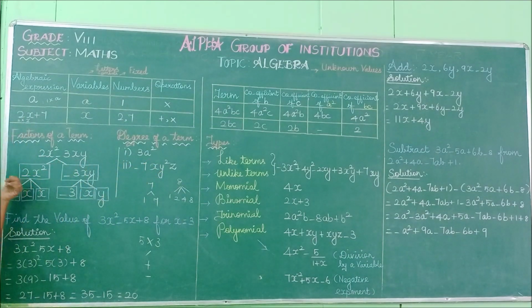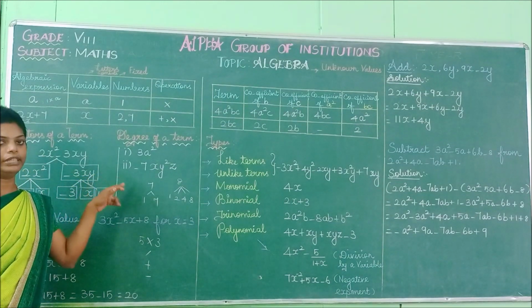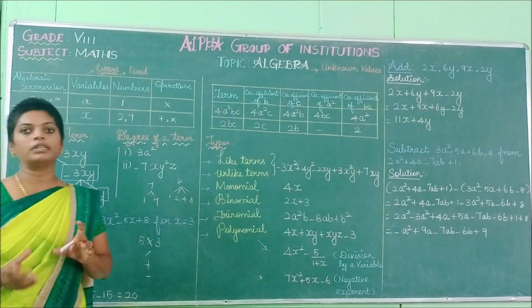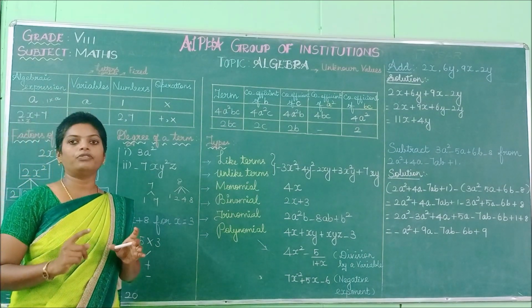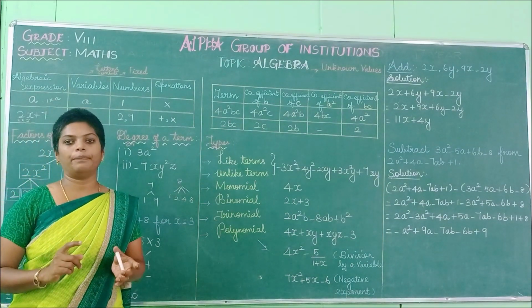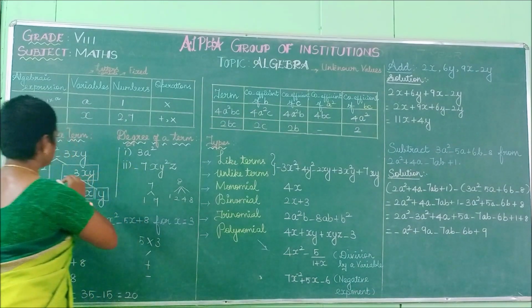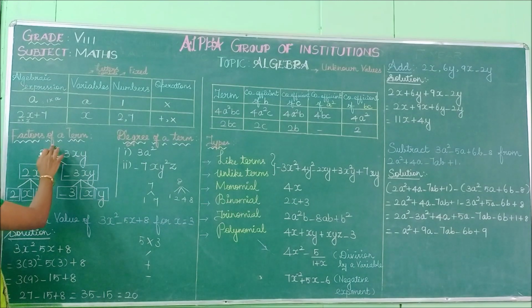So you find out the factors of a term. Now you are going to find the degree of a term. What do we mean by degree of a term? Degree of a term is nothing but the sum of the exponents of the variables.